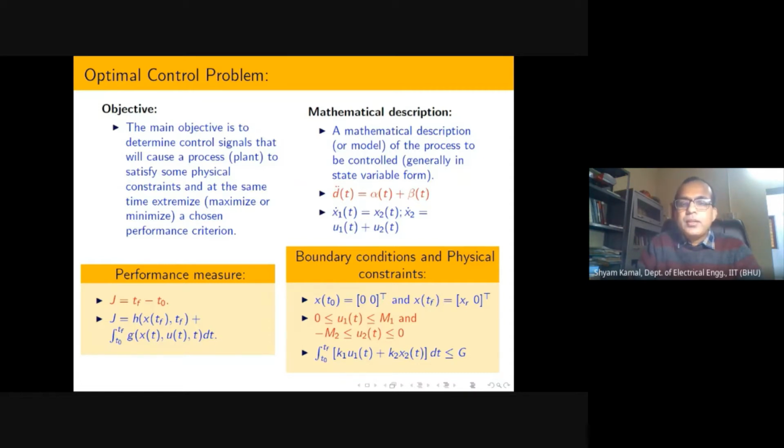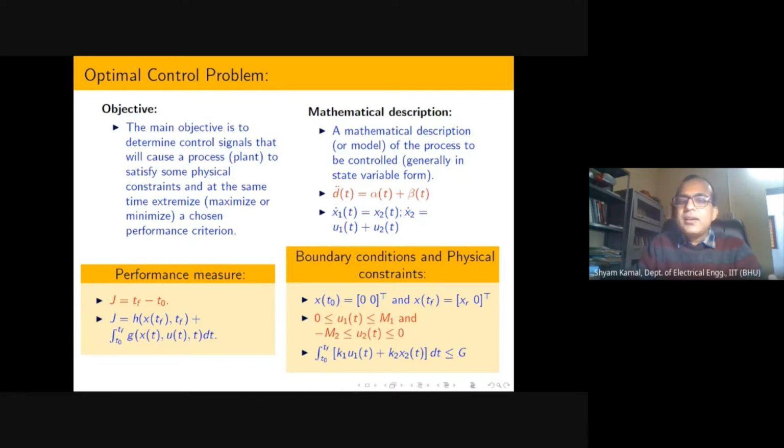Now, once we define the performance measure, we also look towards the boundary condition and some kind of physical constraint. Boundary condition means that in a second order differential equation, when this system evolves, I have some information of the position and velocity. That is nothing but the state of the system.